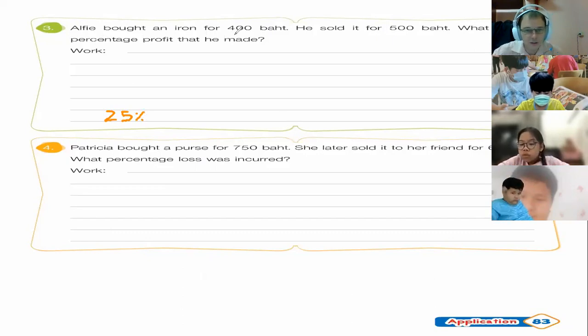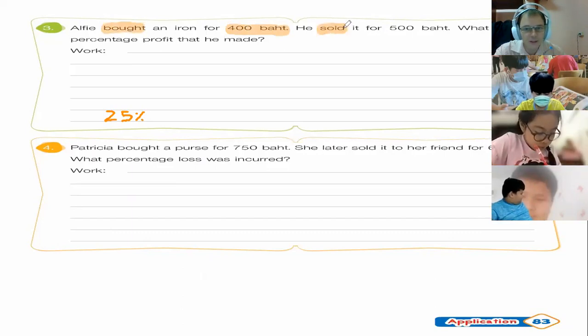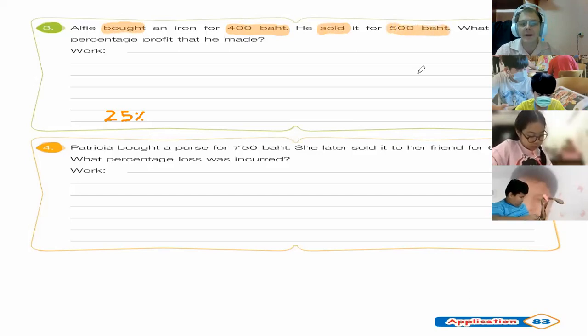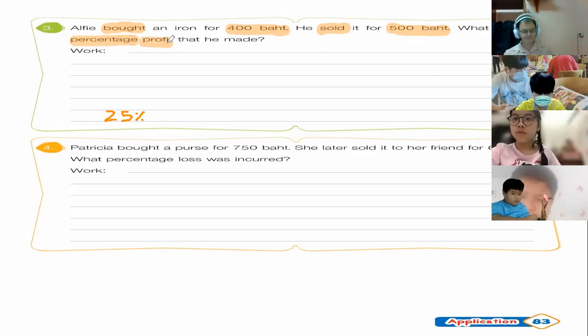So let's look. He bought it for 400 baht. Then he sold it for 500. So he sold it for more. He made a profit. So what was the percentage? How do we calculate that again? What is the percentage profit? Does anyone know how to calculate that?